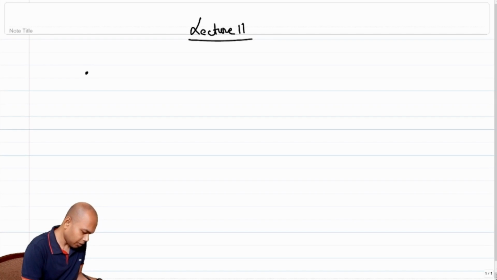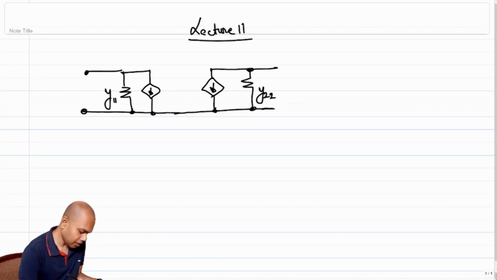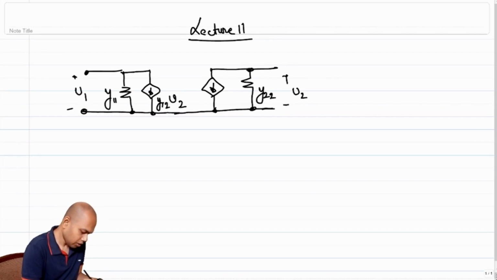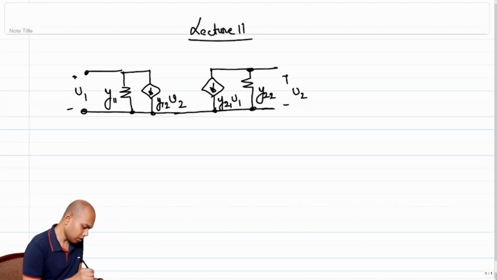If our two-port network model for the incremental network were like this, where this conductance is Y11, this conductance is Y22, the transconductance in the input side is Y12 times V2, where V2 is the voltage at the output port, and the transconductance at the output side was modeled as Y21 V1, where V1 was the voltage at the input port, right?